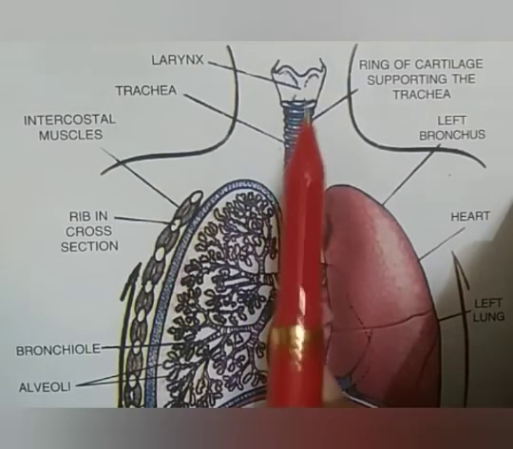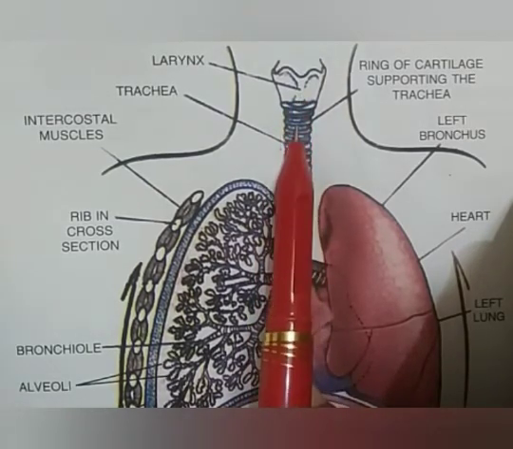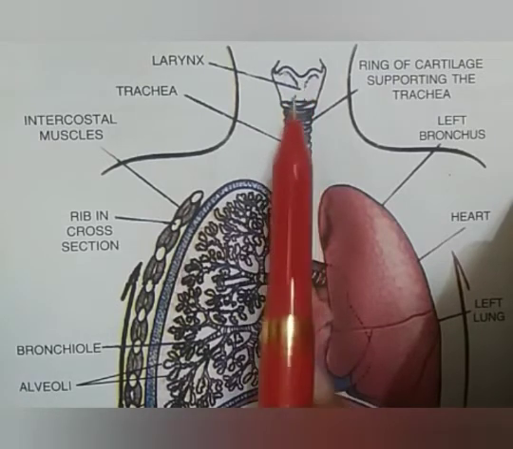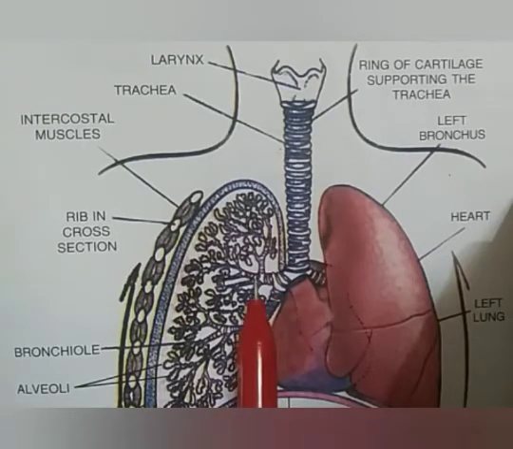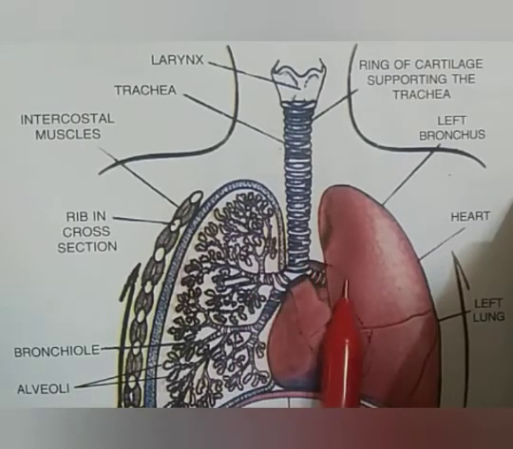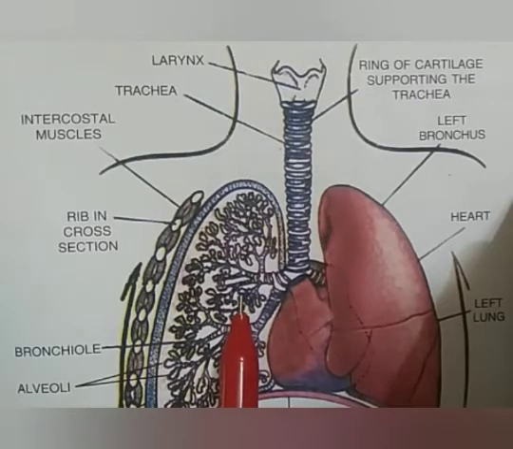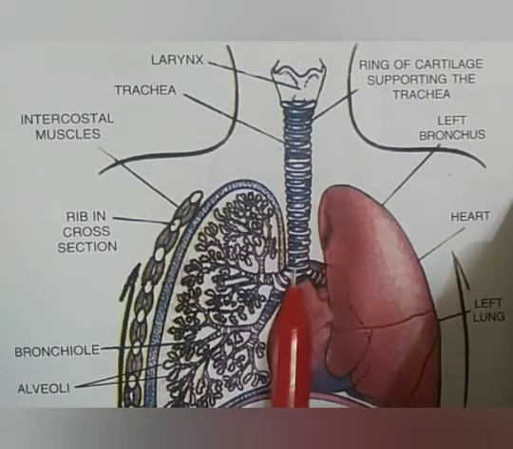Now from here, air enters from the larynx into the trachea, and then this trachea is divided and enters into the left lung and the right lung. You can see there is a division.